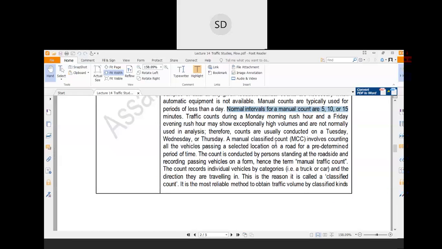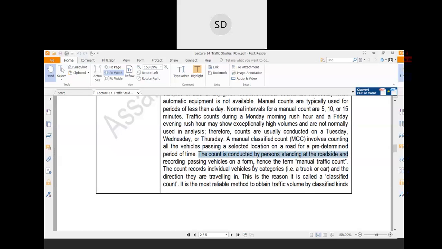Now, a manual classified count involves counting all the vehicles passing a selected location on a road for a predetermined period of time. The count is conducted by a person standing at the roadside and recording passing vehicles on a form. Okay, that I have already discussed.